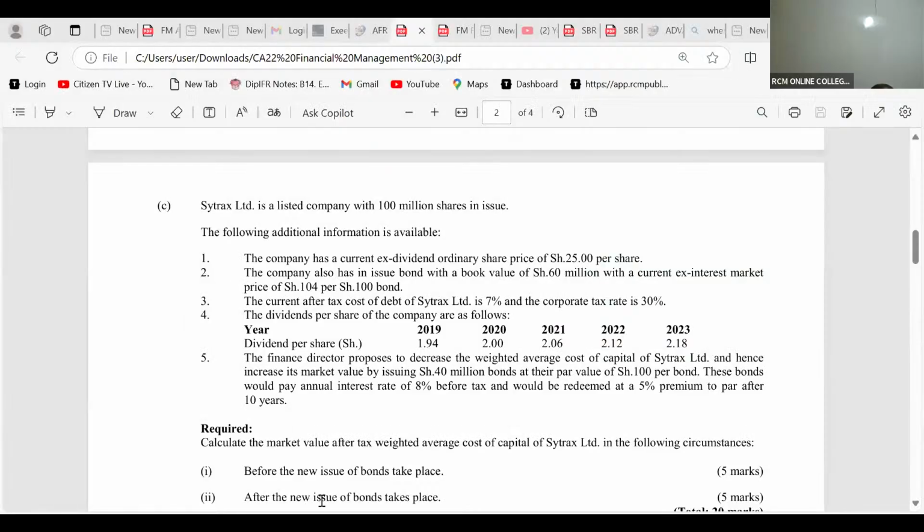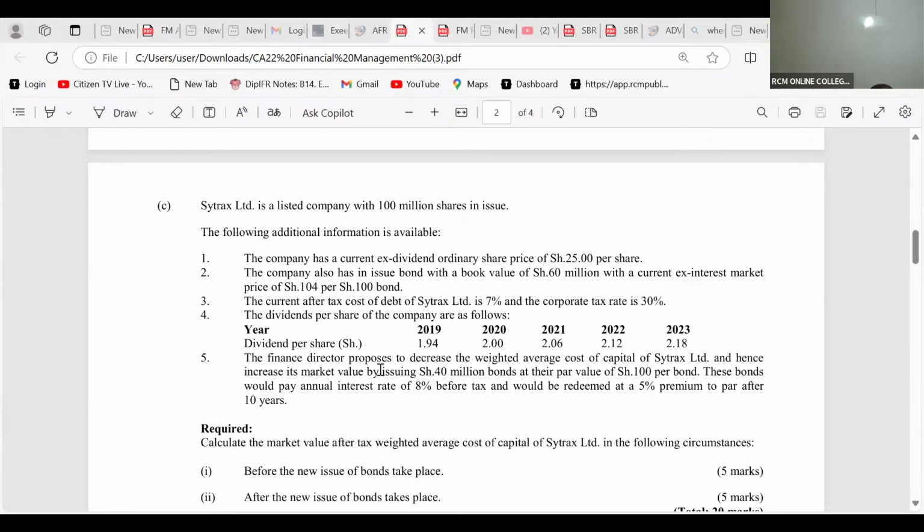So now part 2 is after the new issue of bonds takes place. When we issue bonds, then we expect to get a new KD. Look at note number 5.